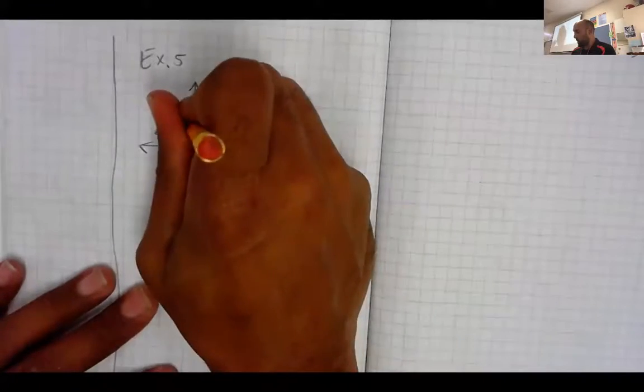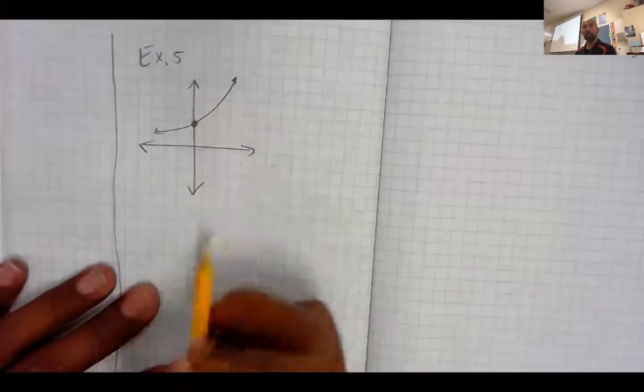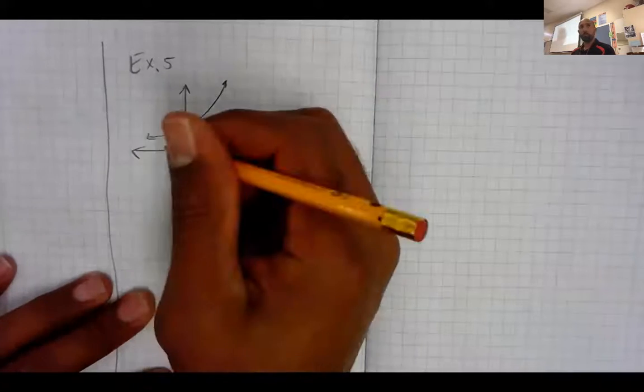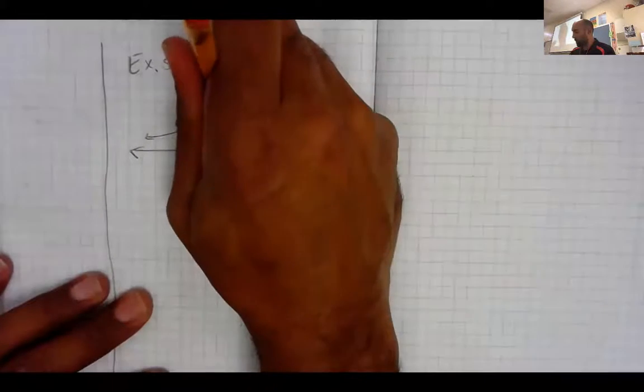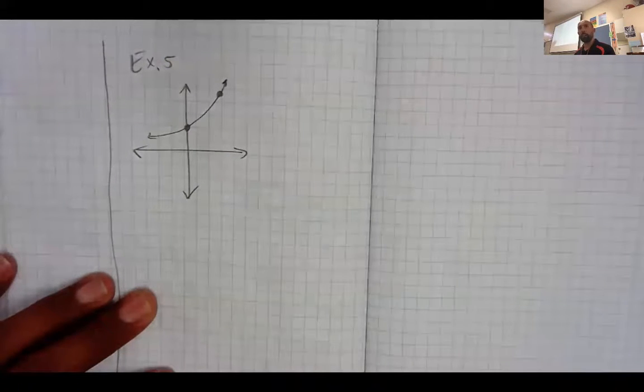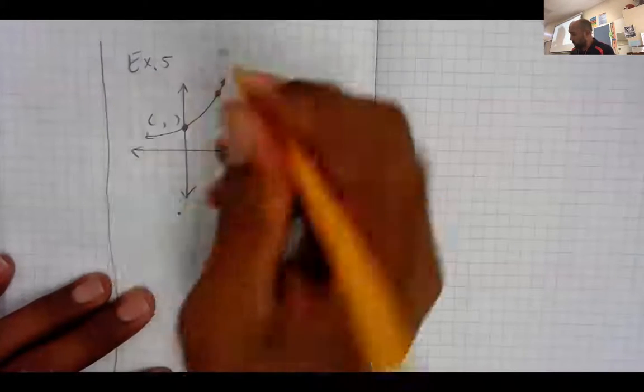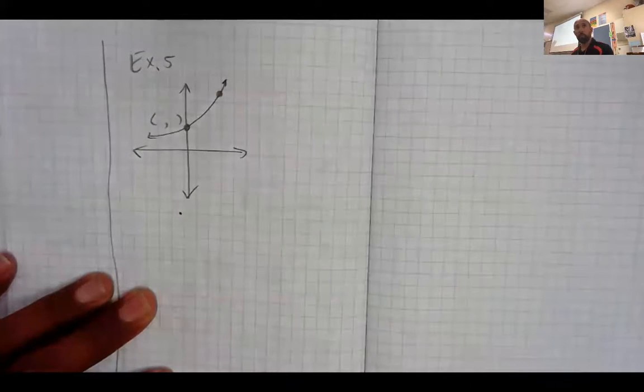And then you have an X and a Y axis, a point right here in the middle, and another point right here, a little higher up on the line. Now what you need to know is this first point, and most of the problems are going to give you that first point.